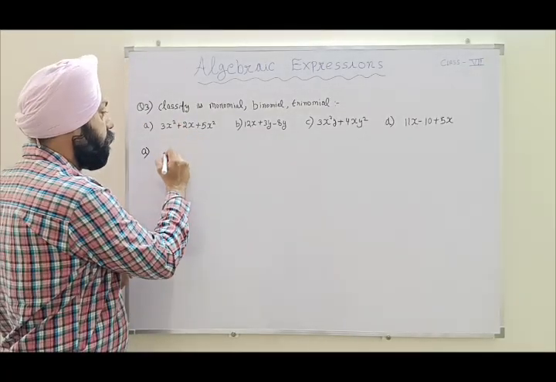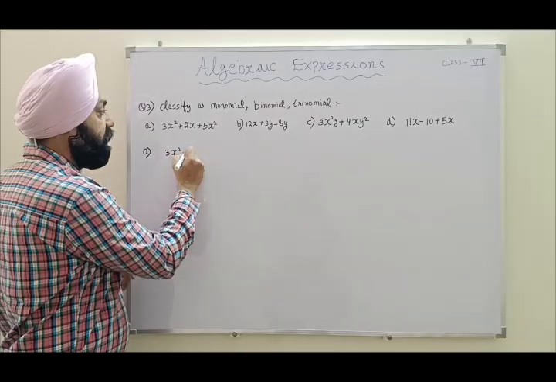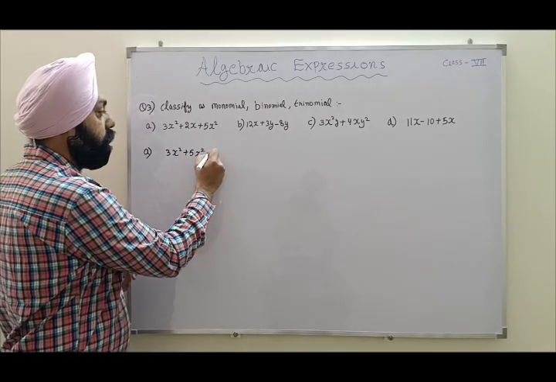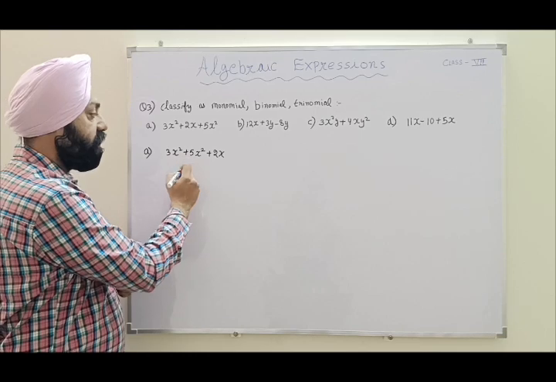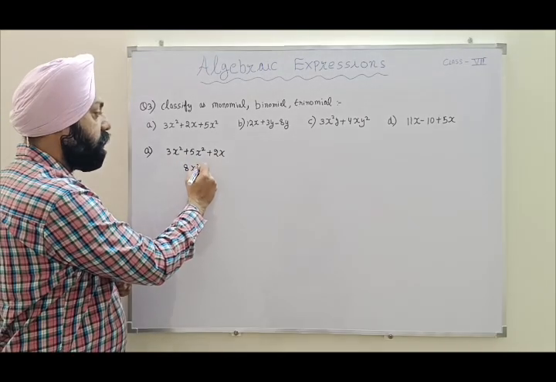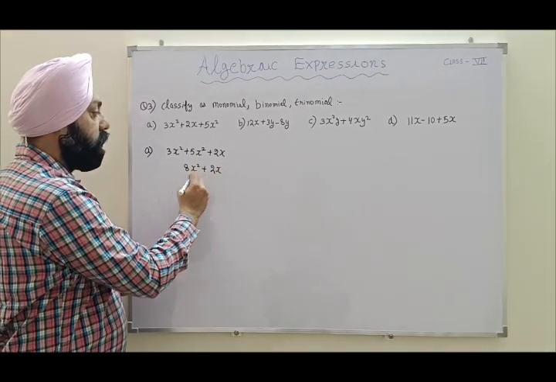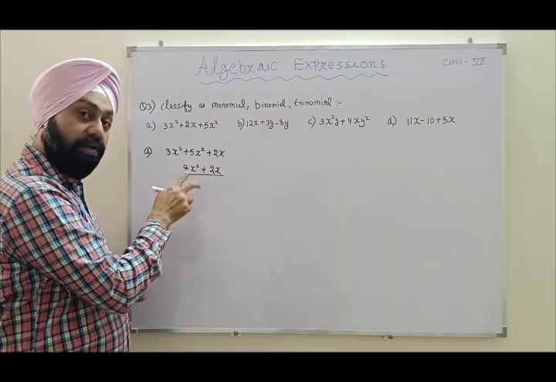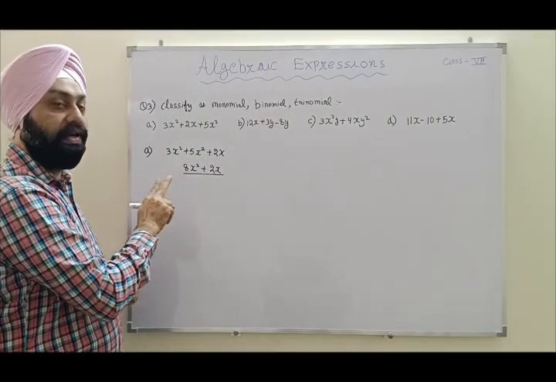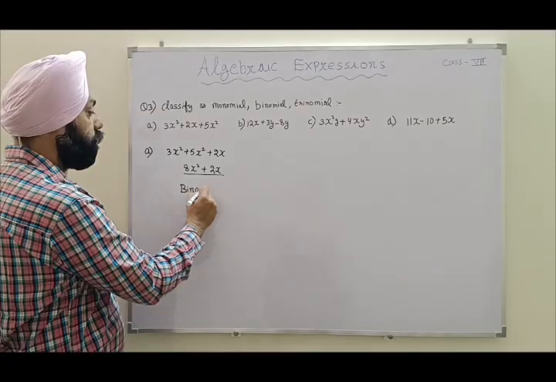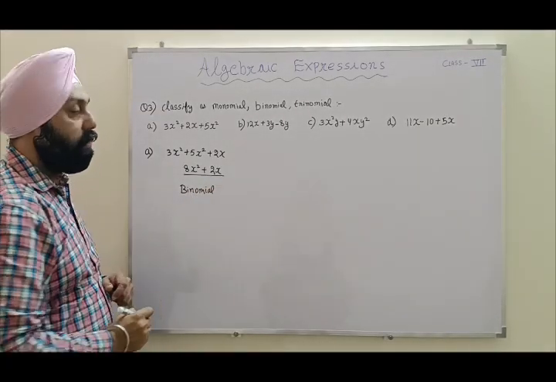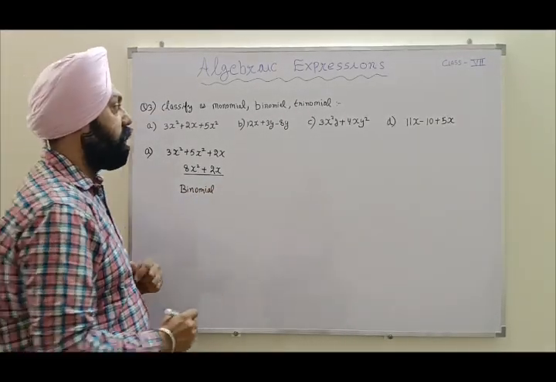So 3x square plus 5x square plus 2x, we can write it like this. Then 3x square plus 5x square will become 8x square plus 2x. Now this expression is having two unlike terms, not three unlike terms. So it is binomial. It is not trinomial, it is binomial.